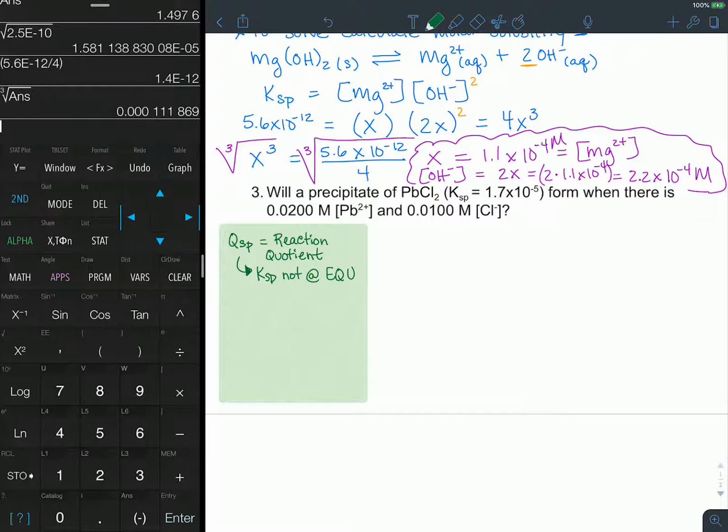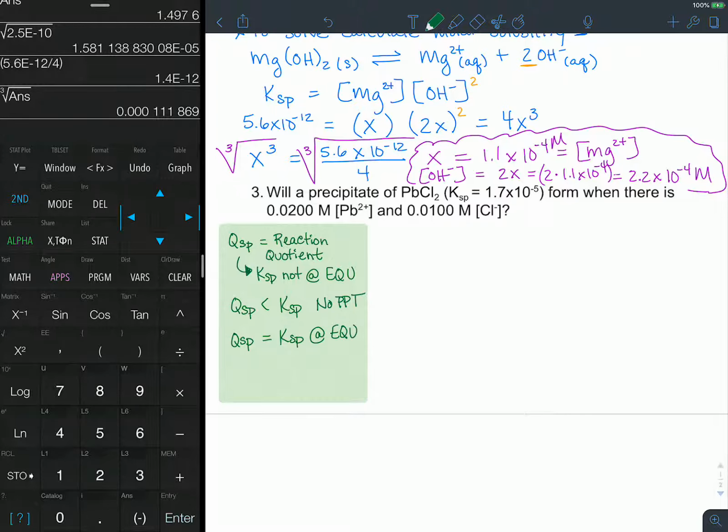And so we know if QSP is less than KSP, then there is no precipitate. If QSP is equal to KSP, then we are at equilibrium.